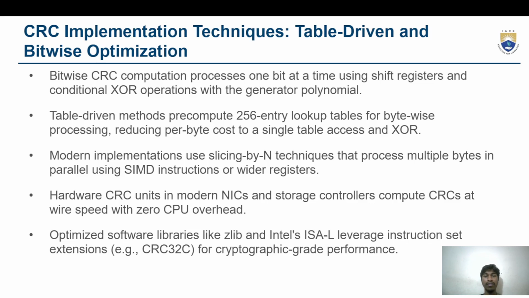Modern implementations use slicing-by-N techniques that process multiple bytes in parallel using SIMD instructions over wider registers. Hardware CRC units in modern NICs and storage controllers compute CRC at wire speed with zero CPU overhead. Optimized software libraries like zlib and Intel's ISA-L leverage instruction set extensions for high performance.